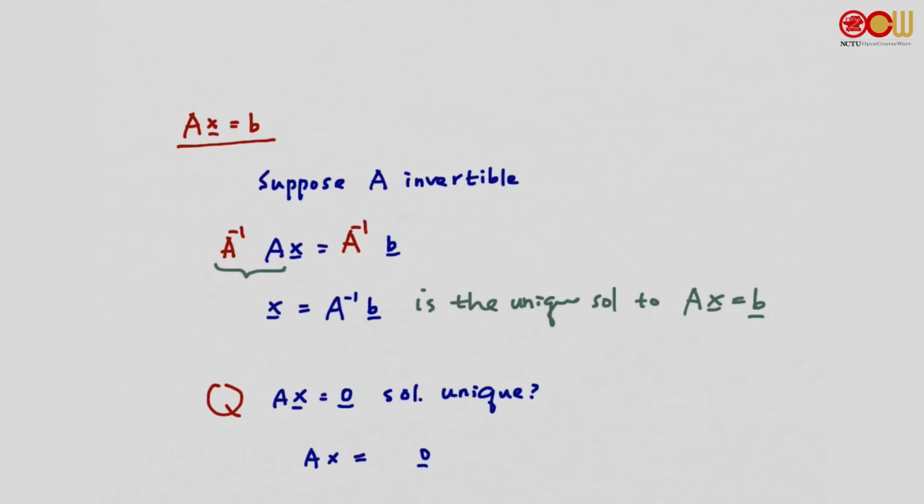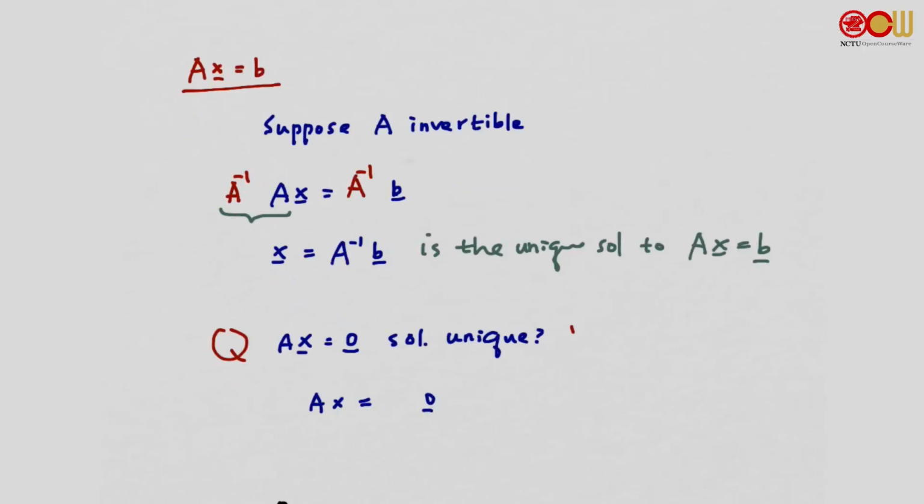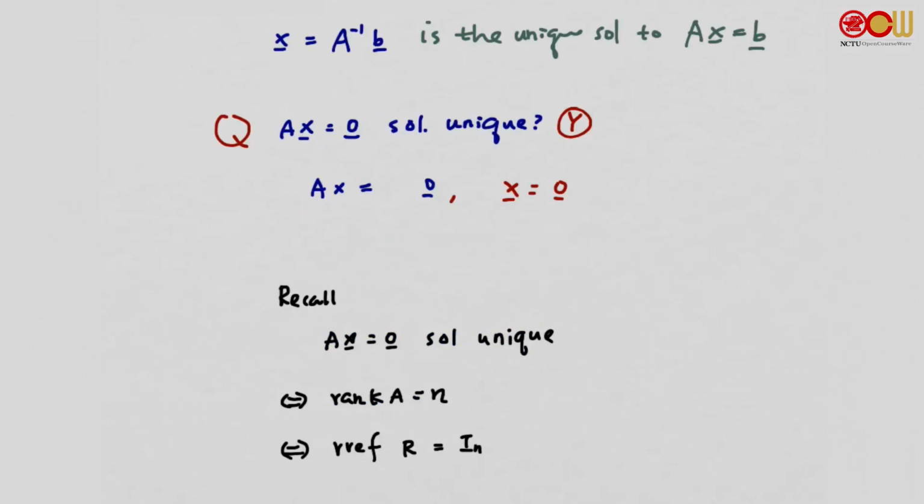Now, how about the homogeneous equation, AX equal to 0? Is the solution unique? Well, if AX equal to B has a unique solution, then so does the homogeneous equation, right? The solution will be unique and it's equal to the 0 vector. Remember, we have talked a lot about the uniqueness of a solution for the homogeneous equation. What happens when the homogeneous equation has a unique solution? The solution is unique if and only if the rank of A is equal to n, if and only if the reduced row echelon form of A is the identity matrix.